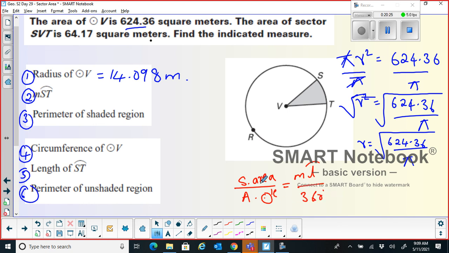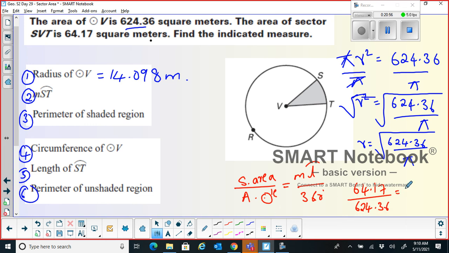In our case, we already have sector area for the arc ST, which is 64.17. So just substitute here, sector area 64.17, divided by area of circle, which is also given to us, 624.36.